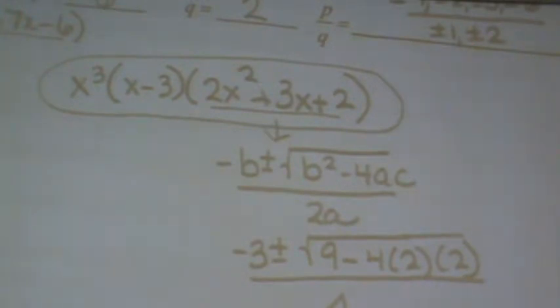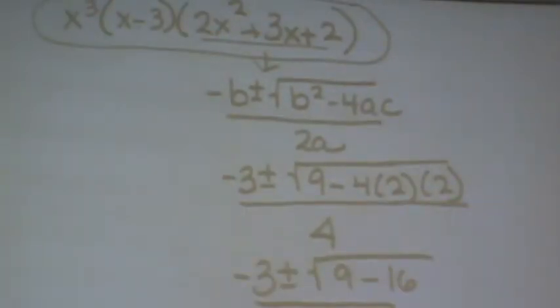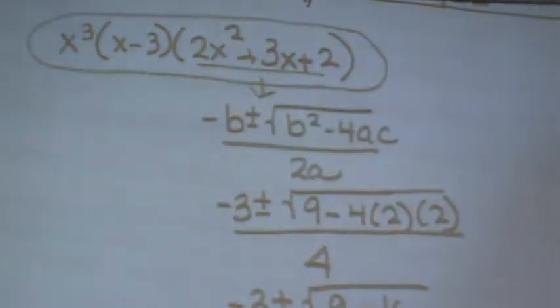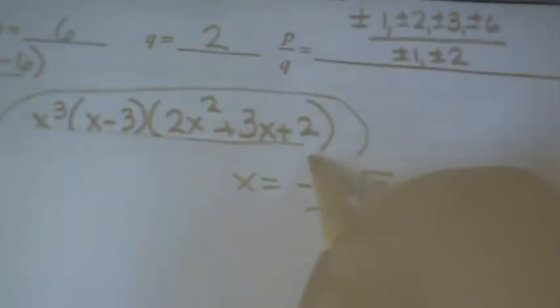What if I asked you to factor this completely, and let's pretend this -7 were a +7. So let's say, just for fun, the answer was x equals, for these two, -3 plus or minus the square root of 7 over 4. Okay.